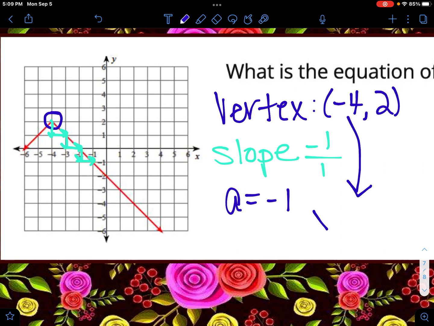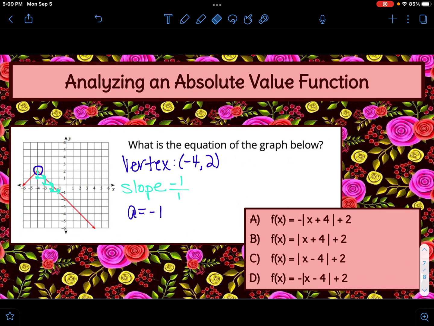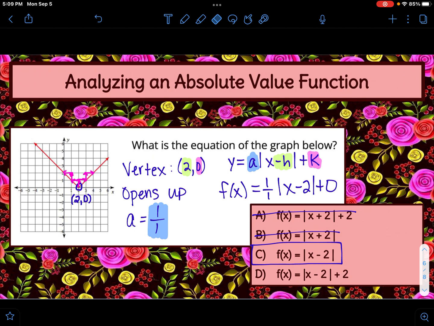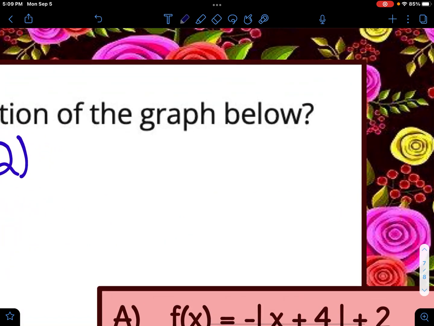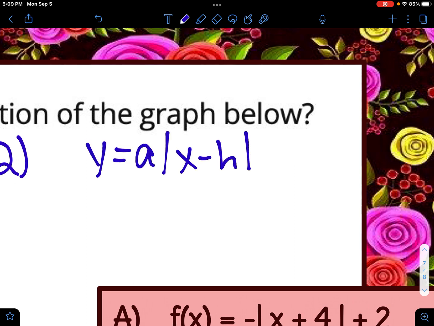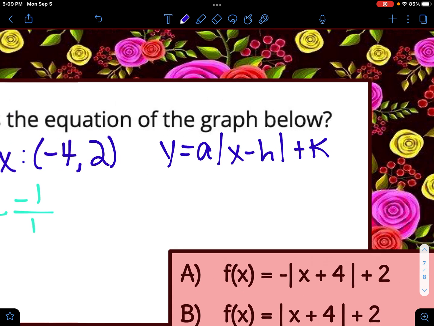I'm confused, you guys. What were we talking about here? What did we do on the last one? Opens up. Okay, opens down. We talked about that. All right, so let's put this in: y equals a, absolute value of x minus h, plus k.